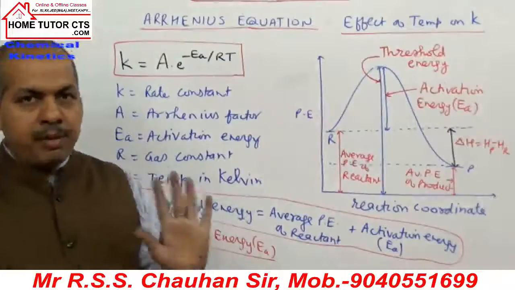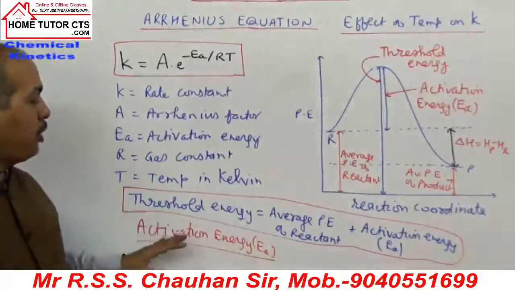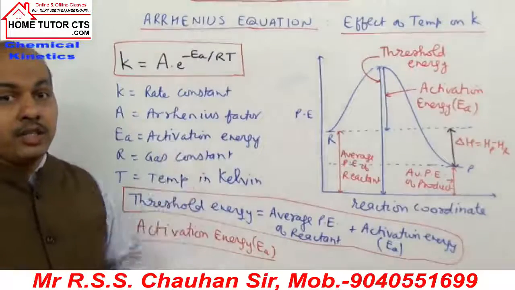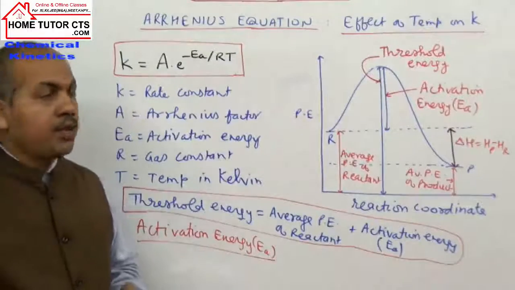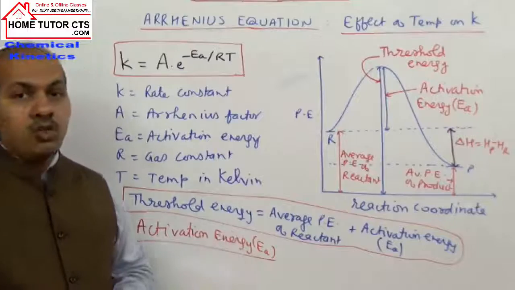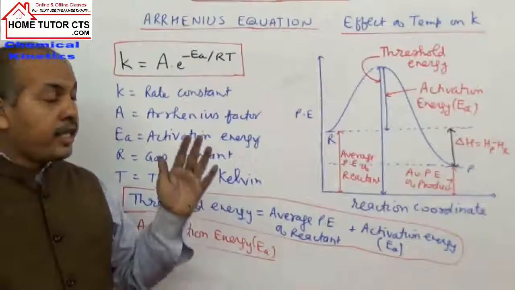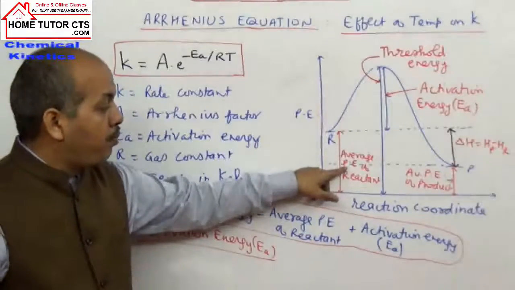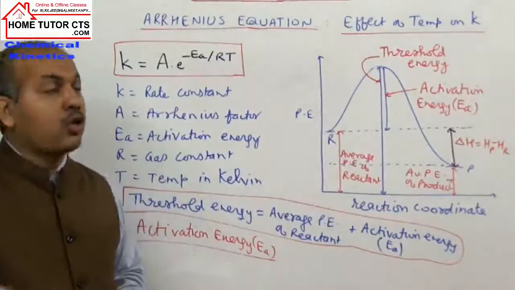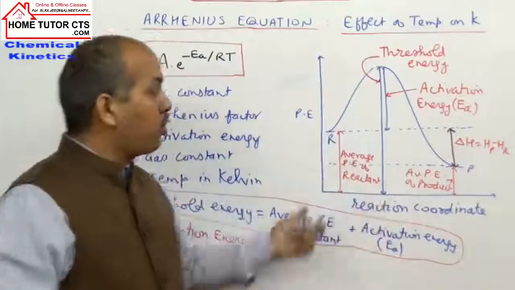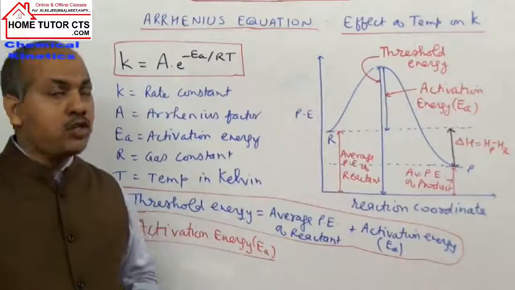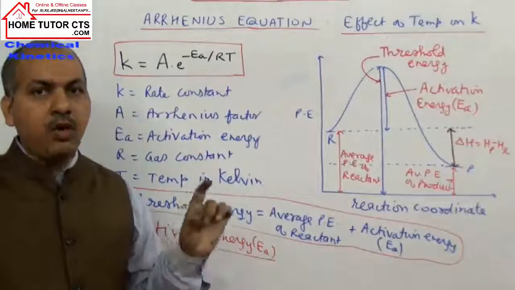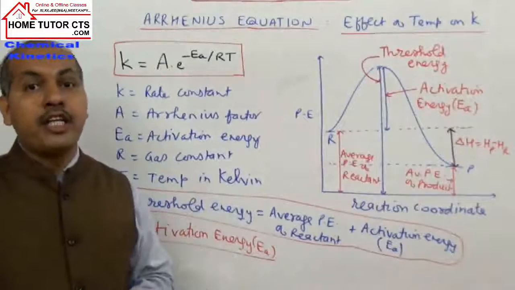समझ में आपको आ रहा है नहीं आ रहा है? So that is how you can take the meaning of term activation energy. It is the additional amount of energy, or it is the amount of energy which must be acquired by the reactant molecules in addition to their own average potential energy, so as to cross energy barrier, because only those molecules which can cross energy barrier can form product if they also have proper orientation.